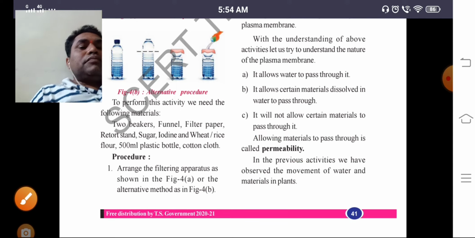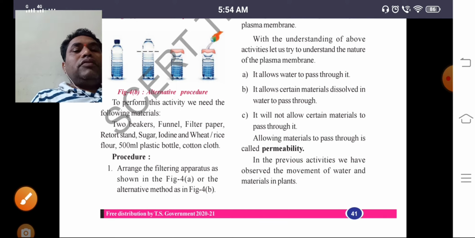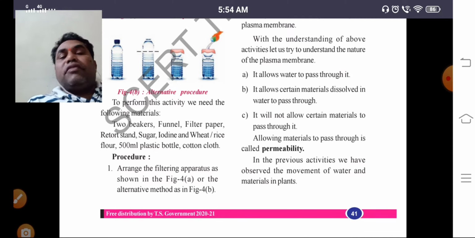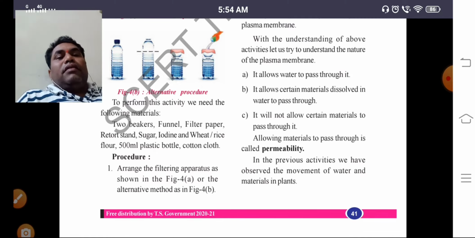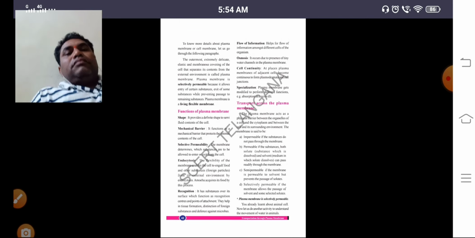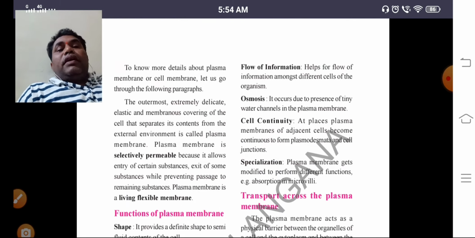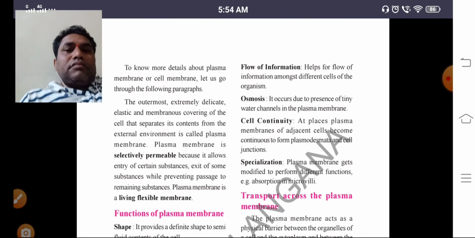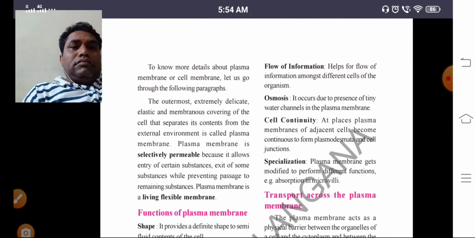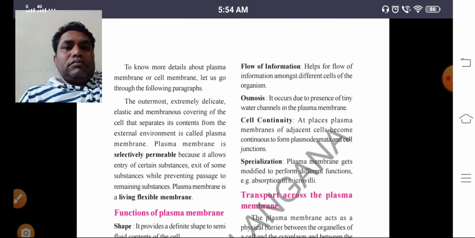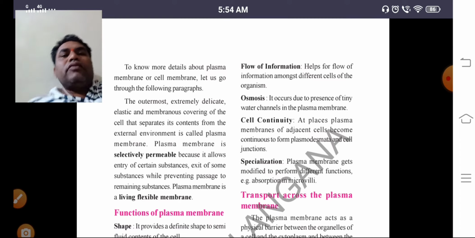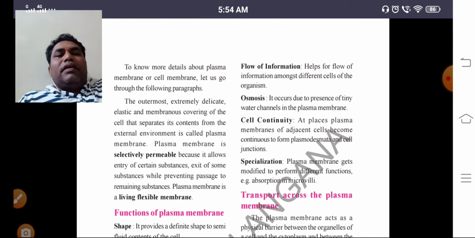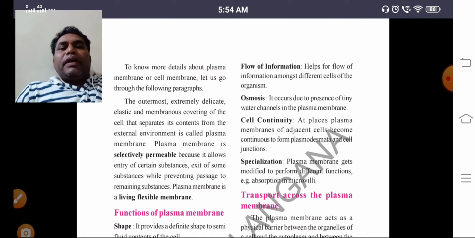So we have observed the movement of water and materials in the previous experiments. To know more details about the plasma membrane or cell membrane, let us go through the following paragraphs.